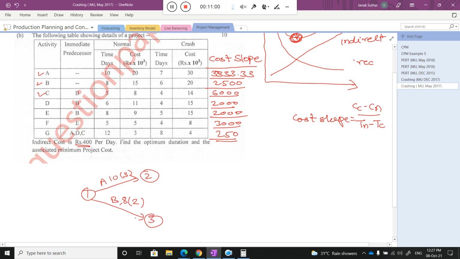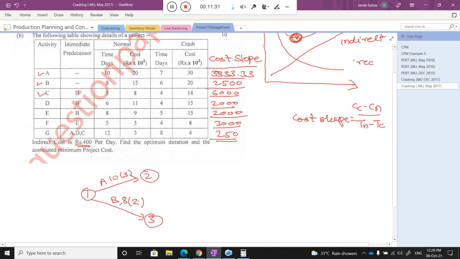Now the next point is like that: when I draw activity G, after certain activities are drawn, I will go for activity G. In that condition, A, D, C, these 3 are the precedence relationships, and then only I can start activity G. The point is, when this type of combination is given, try to match all 3 at one point. If not, then try to match 2 things at one point.